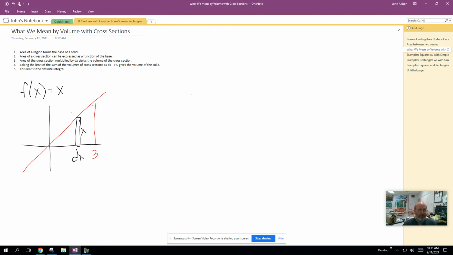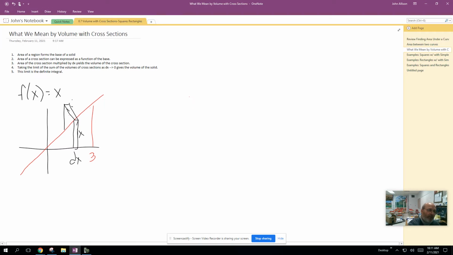And so what we're saying is, if this volume is formed by square cross sections where that region is the base of the solid, then the rectangle that we would have summed to find the area also has a square protruding out from it.